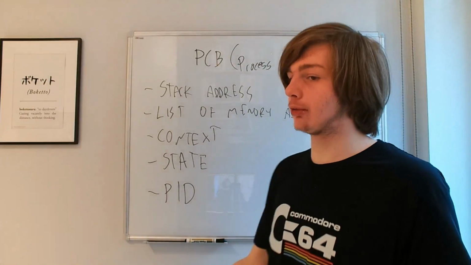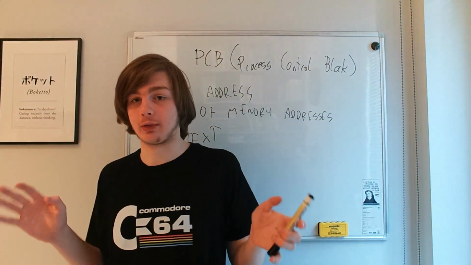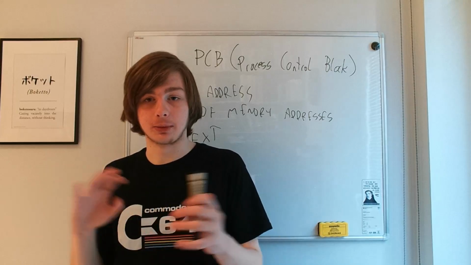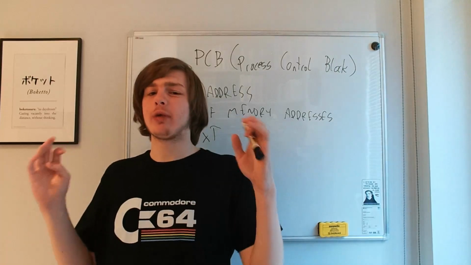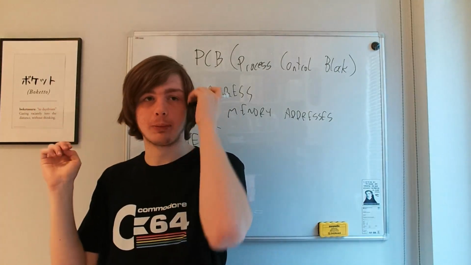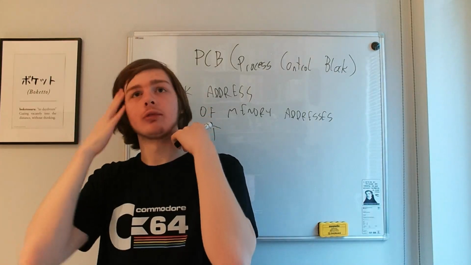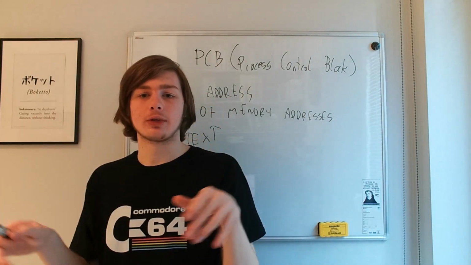If you're going to be communicating with a process, or a process is going to be doing IPC, inter-process communication, they're going to have to, well, they don't actually always need to know their PIDs if you have a buffer, but it doesn't matter.